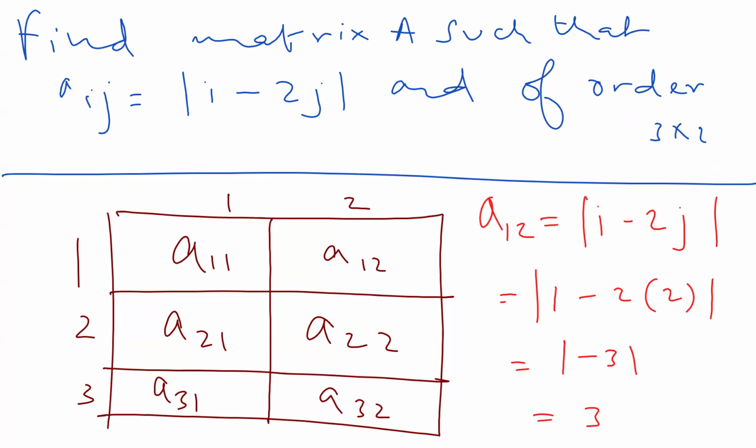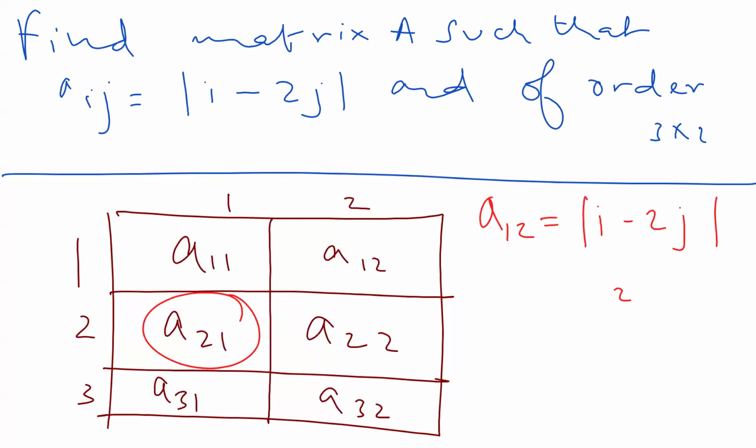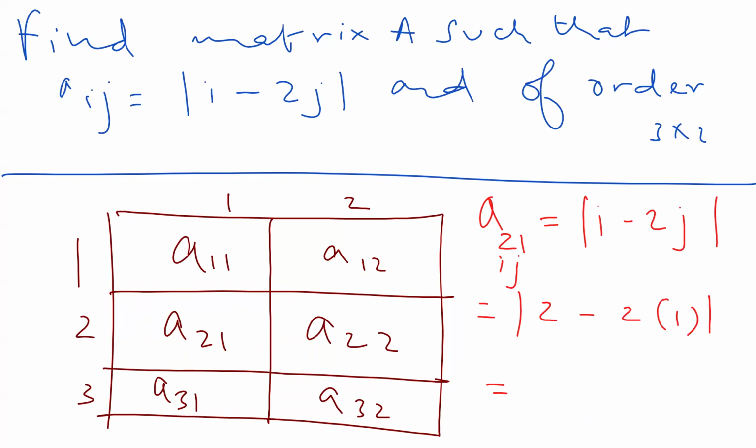The next calculation will be A21. What is I and what is j? I is 2, j is 1. First object is I, second object is j. So this is 0. Modulus of 0 is 0.